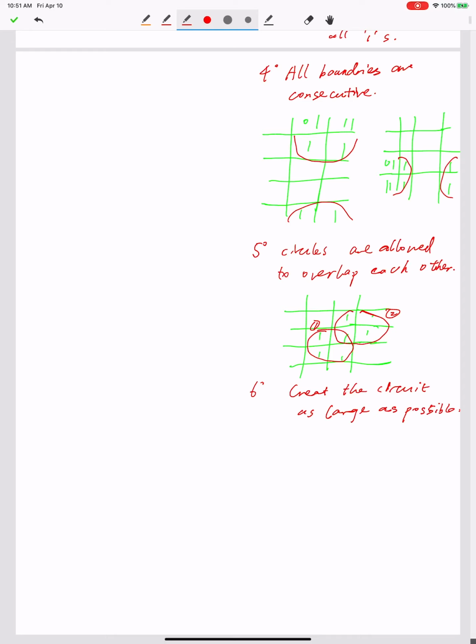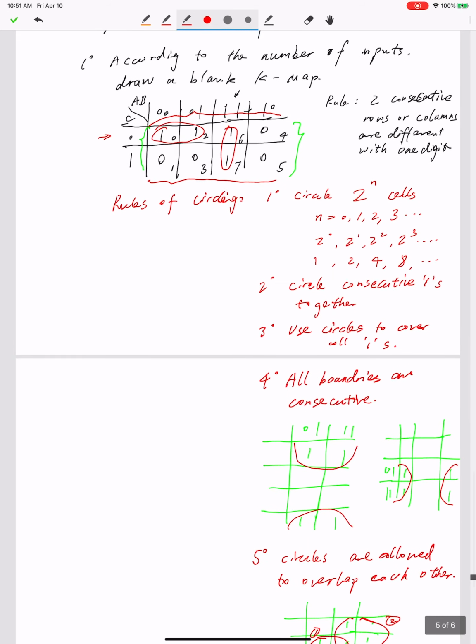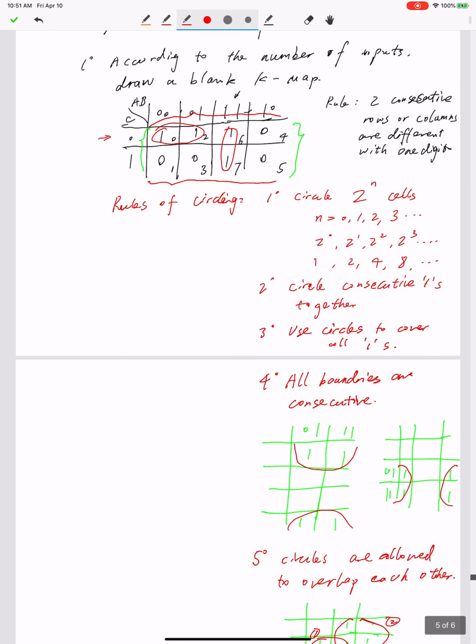Okay, as large as possible. Right, so those are 6 rules in the kernel map.